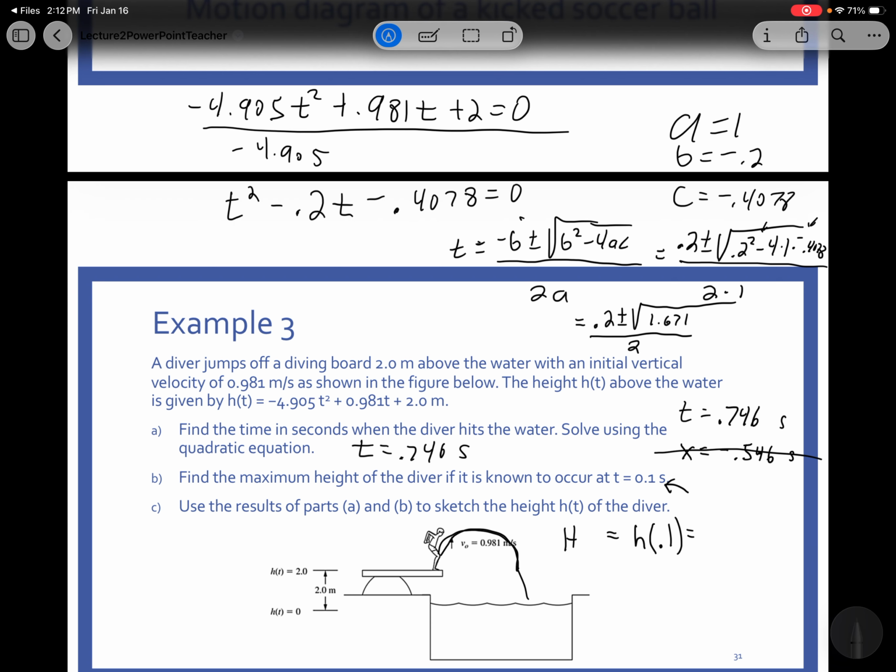So going back to our original equation, we have the negative 4.905 times 0.1 squared plus 0.981 times 0.1 plus 2.